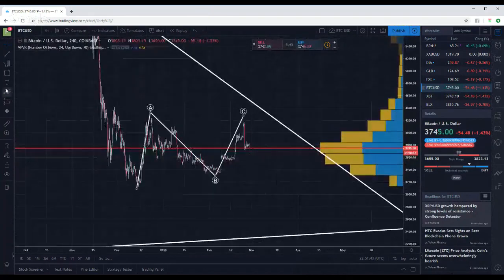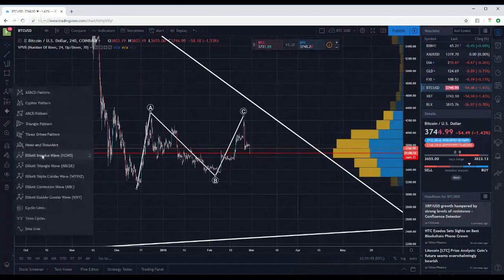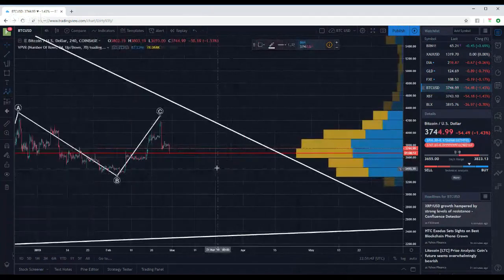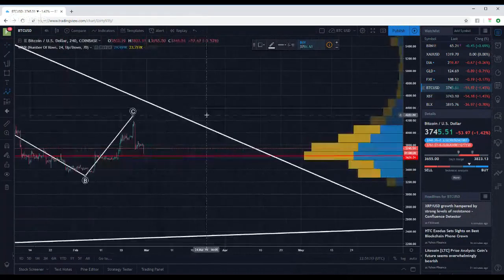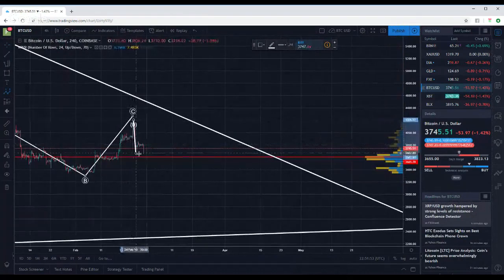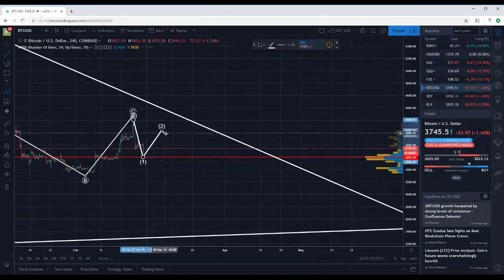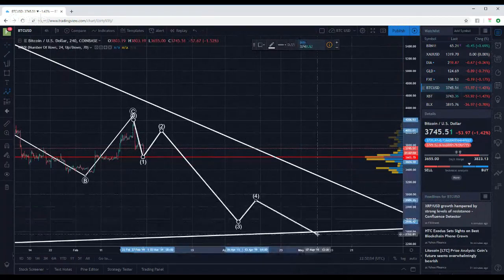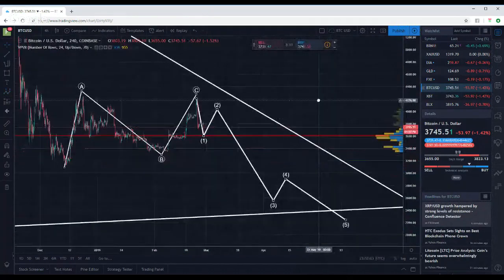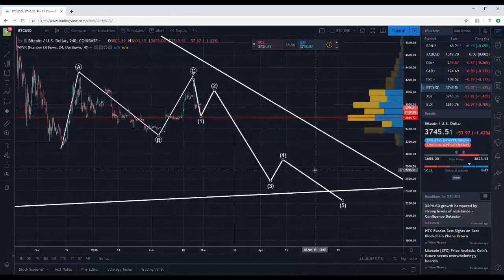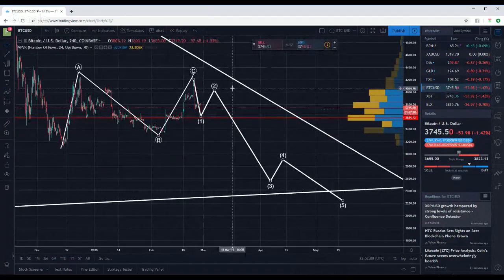So what this count would entail is ABC finished, correction over, dead cat bounce over, and here we go. This would be the one that we put in. We're going to come up for the 2, down for the 3, 4, 5. Now I just freehand drew this, so don't really take into account these targets here because I didn't measure them with fib or anything like that.